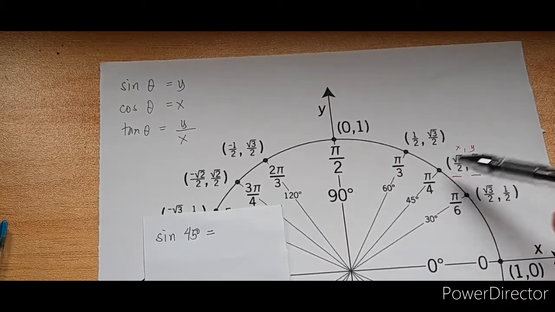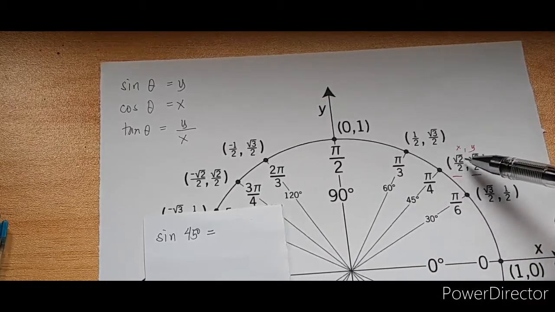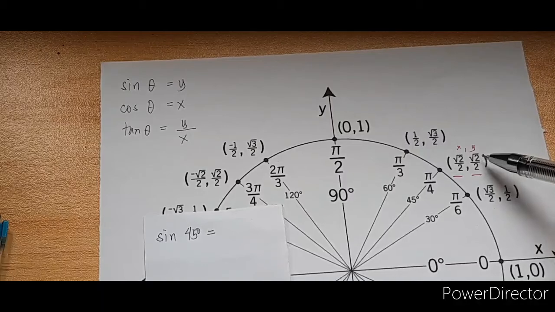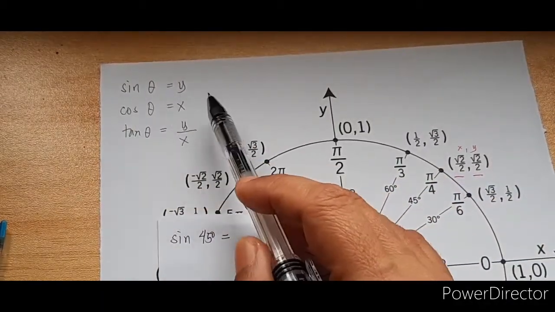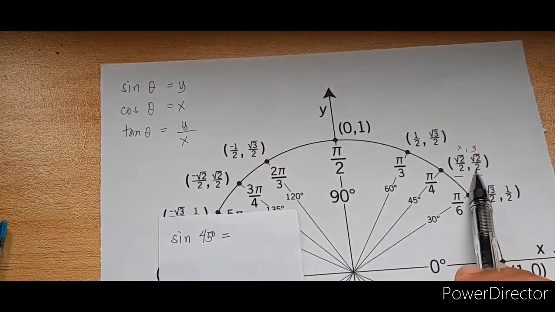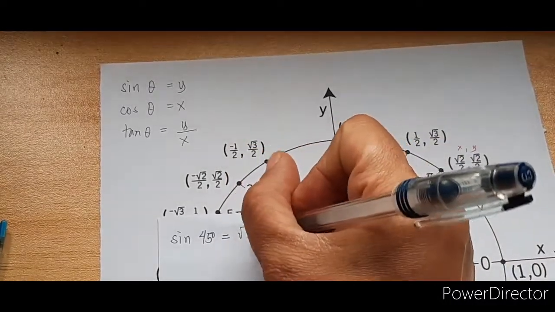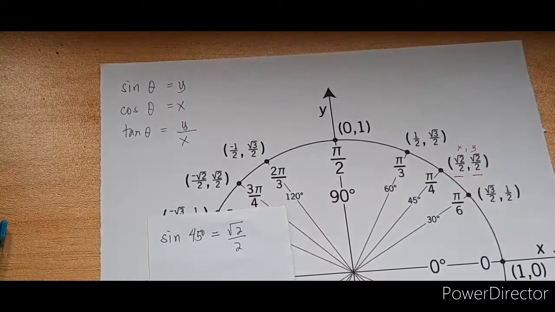Our x coordinate is square root of 2 over 2, and our y coordinate is square root of 2 over 2. Sine theta is equal to the y coordinate, so sine 45 degrees is equal to square root of 2 over 2.